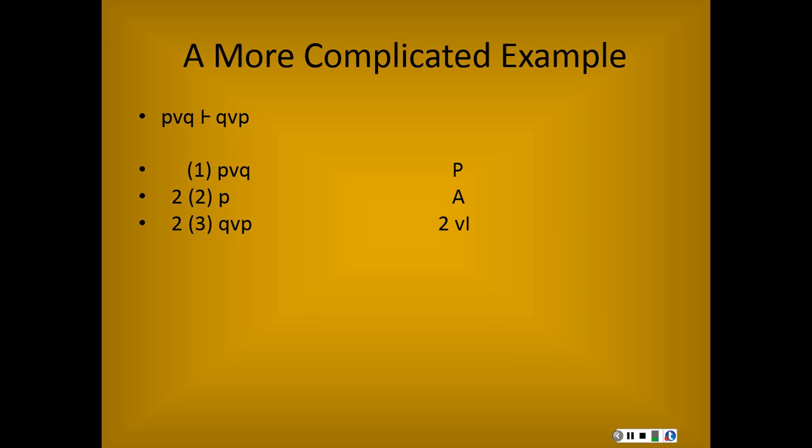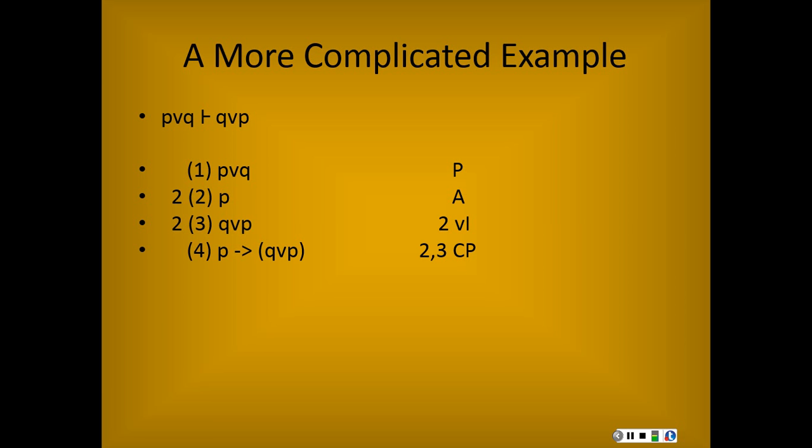And now remember, my subsidiary goal was to prove the conditional if P, then Q or P, and I'm in a position now to do that from lines 2 and 3 via the rule of conditional proof. Okay, now that I've accomplished my subsidiary goal of proving if P, then Q or P, I need to move on to my next goal. My next goal is going to be to prove the conditional if Q, then Q or P.